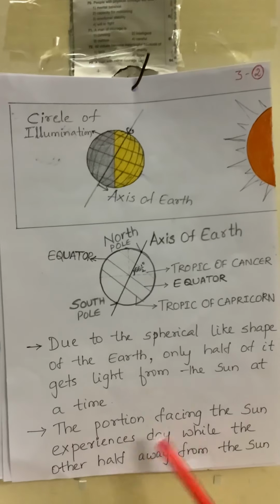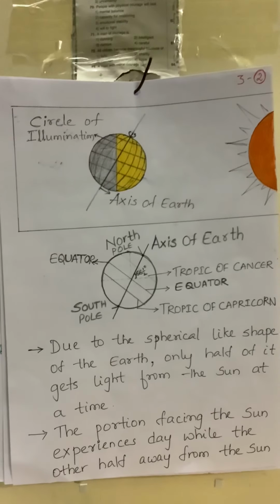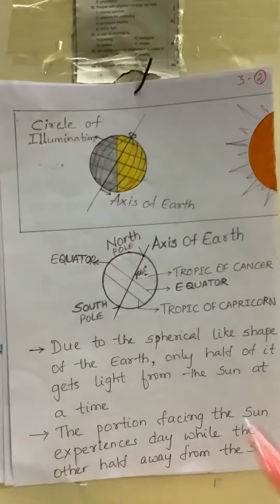The portion facing the sun experiences day, while the other half away from the sun experiences night. So this is day and this is night.